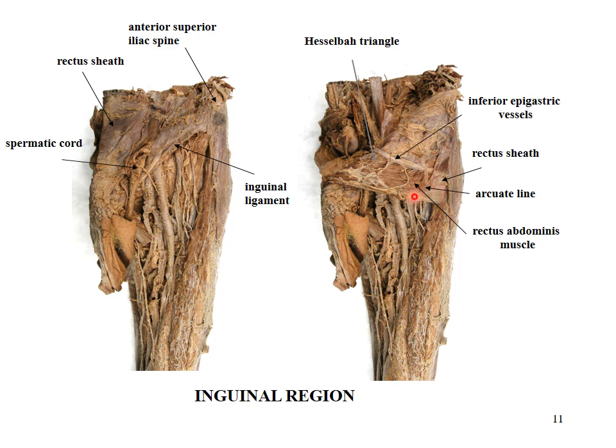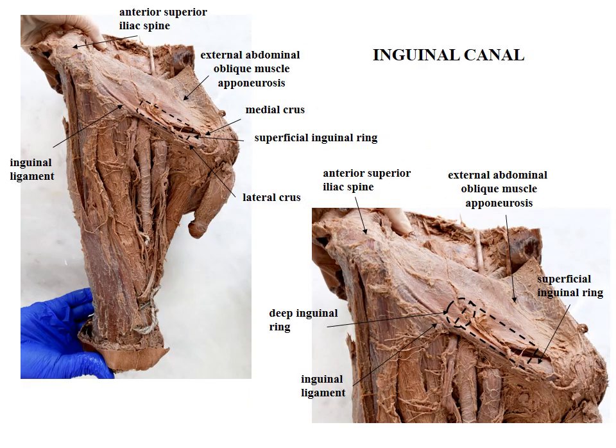This is the arcuate line, the inferior margin of this posterior wall, and this is the rectus abdominis muscle. And this space is Hesselbach's triangle. This is Hesselbach's triangle. It is very important when we describe the inguinal canal and inguinal hernias.